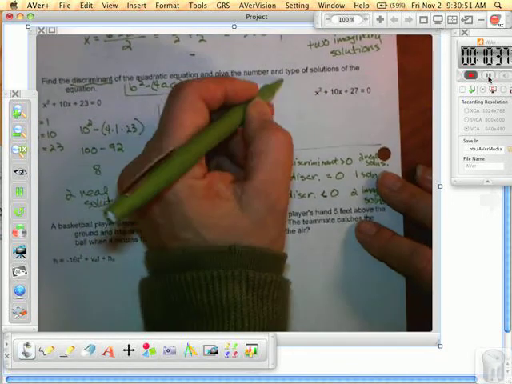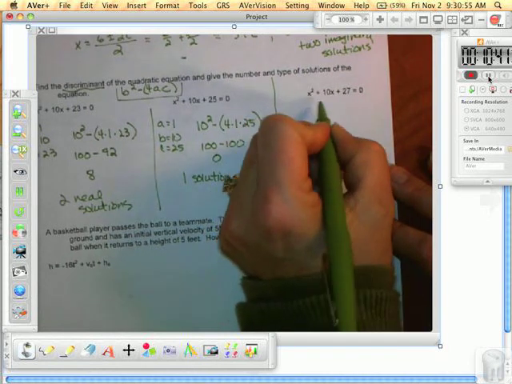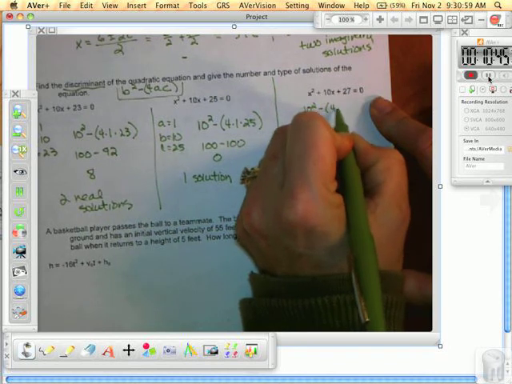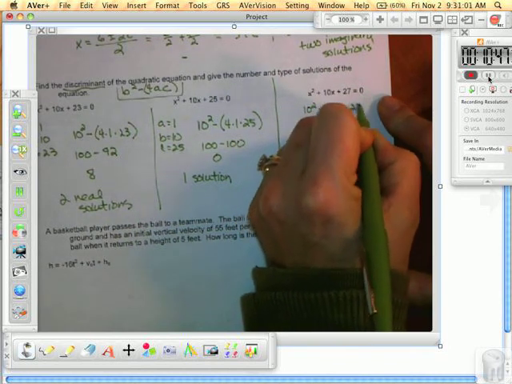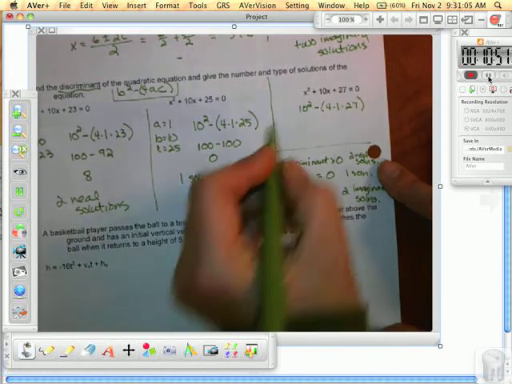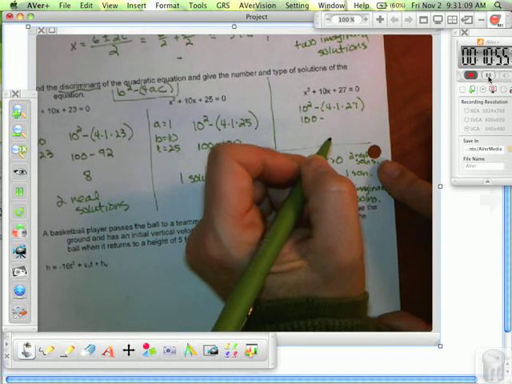Can you imagine what's going to happen here? Yeah, so I'm just going to do b squared. I'm not even going to identify. 4 times 1 times 27. You get 100. 4 times 27 is 108, isn't it?